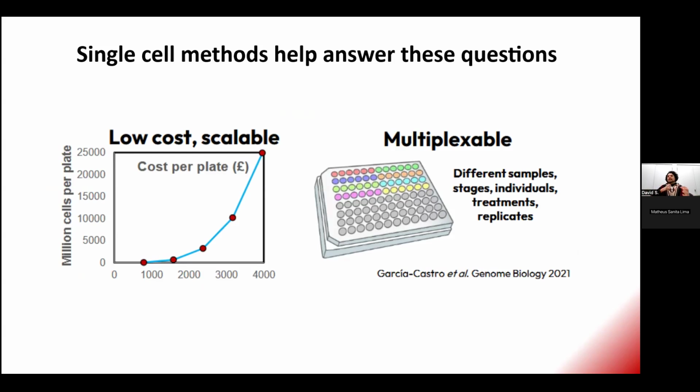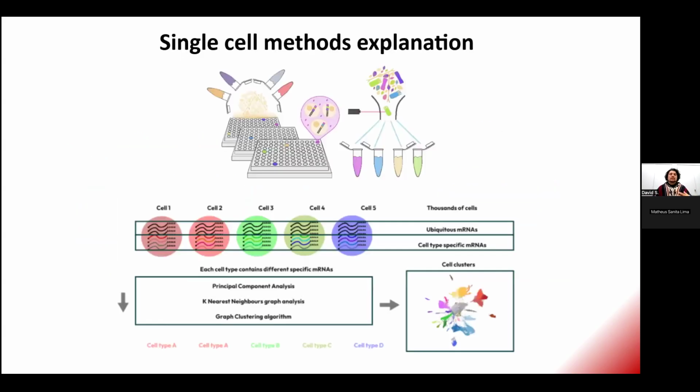You can multiplex it as much as you want, and the cost is going to be similar to a very high scale experiment that a few years ago was unthinkable for any of us to do.